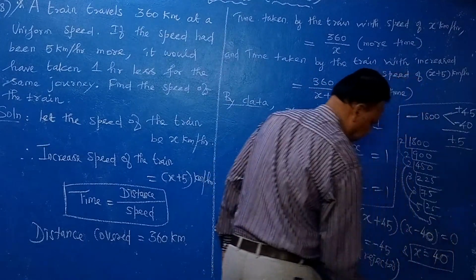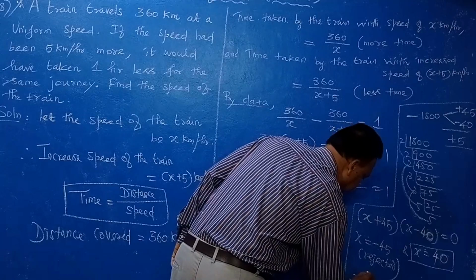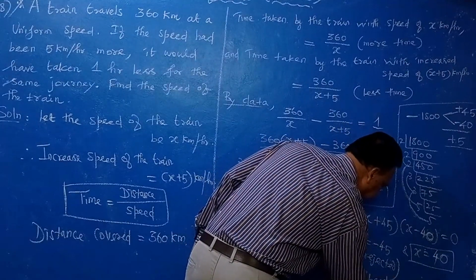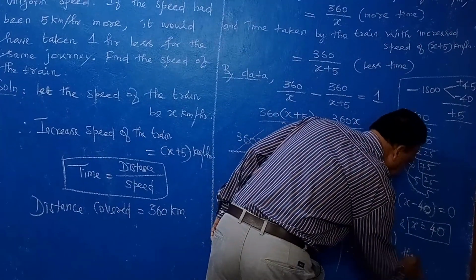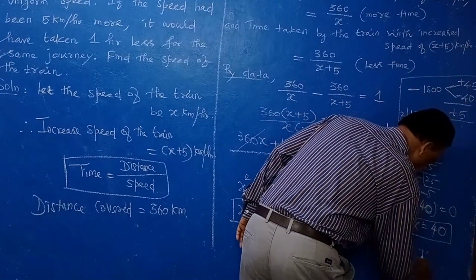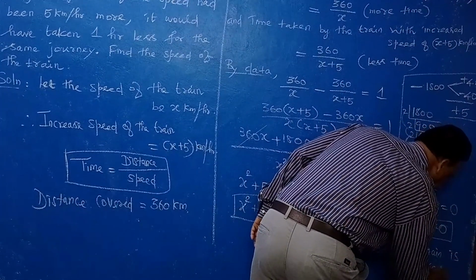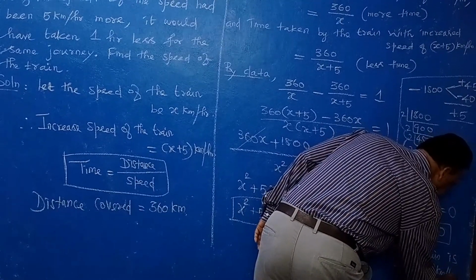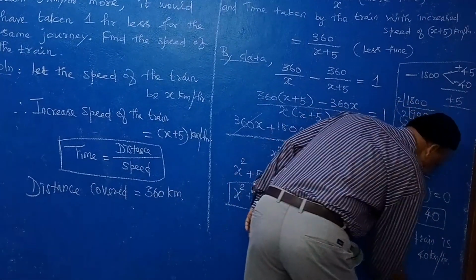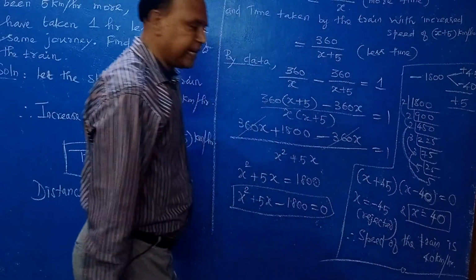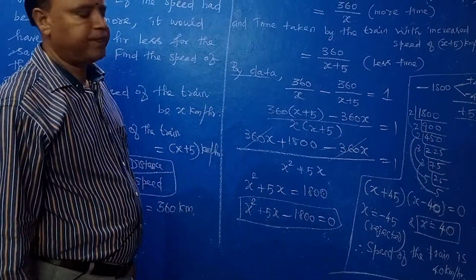So x is equal to 40. Therefore, the speed of the train is 40 km per hour.